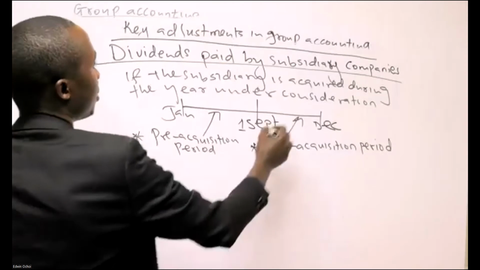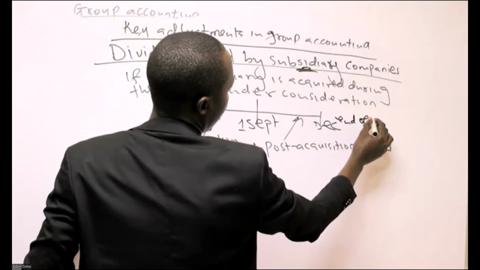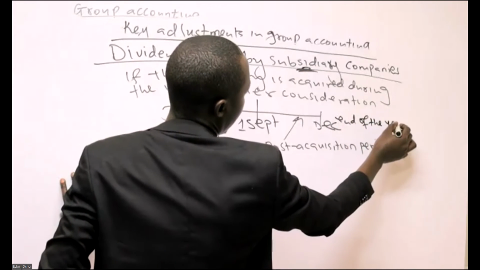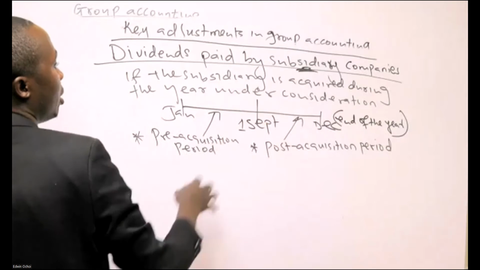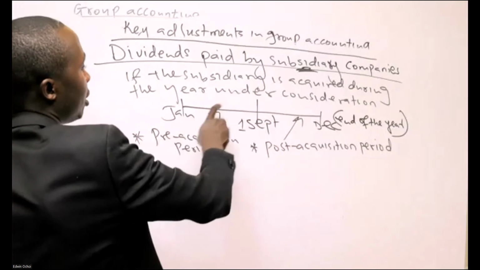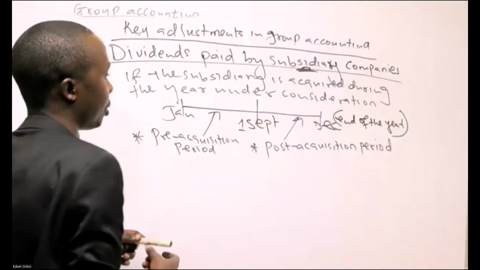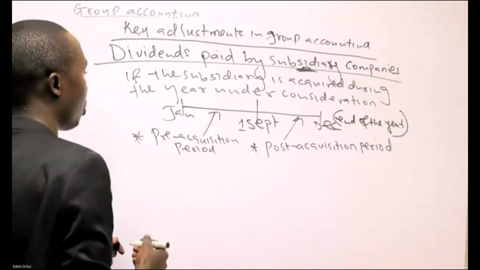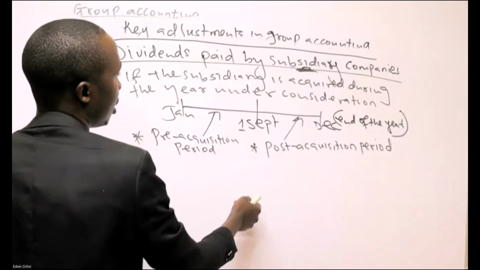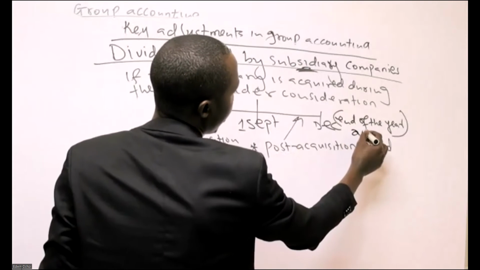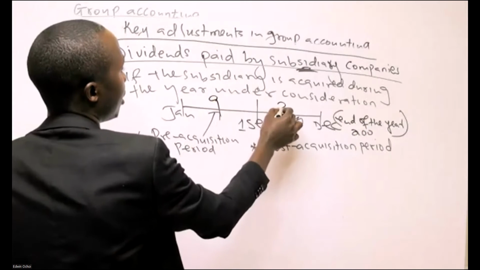And you find that this subsidiary paid some dividends by the end of the year, but it was acquired during the year. So I will consider these dividends to accrue throughout the year, so that we apportion them based on the pre-acquisition period and post. Like now here, if the dividends are 200, which they paid, the pre-acquisition period is 9 months, this is 3.